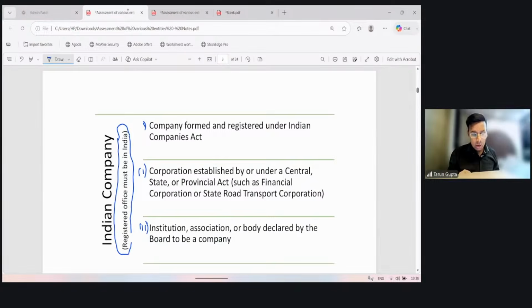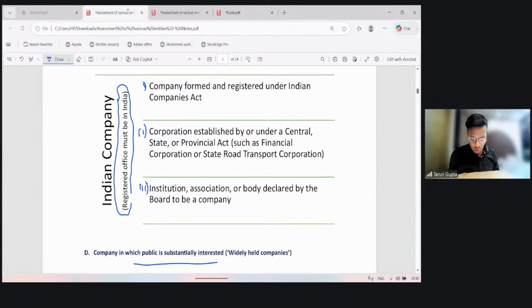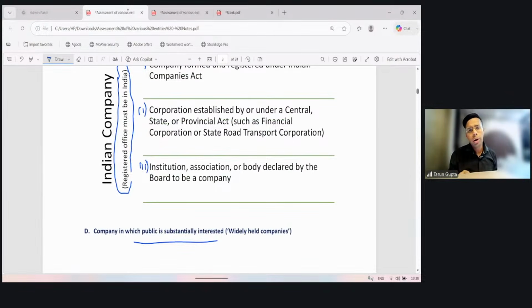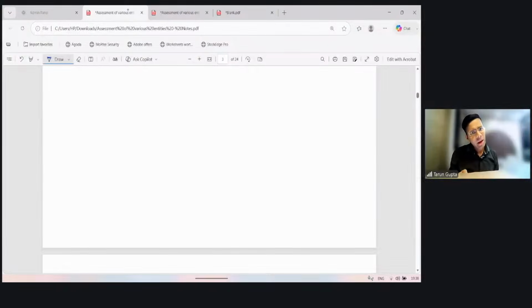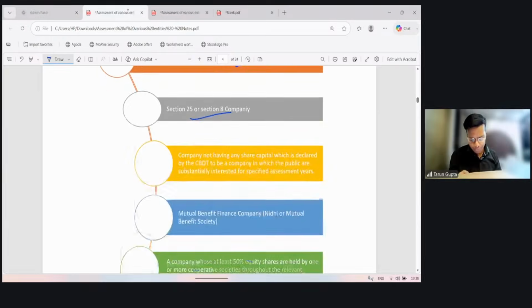Then we discussed what you mean by Indian company: a company registered under the Indian Companies Act or any corporation established in the Central, State or Provincial Act or any institution, association, body declared by the board as a company. Then we discussed the definition of a widely held company, company in which public are substantially interested. Okay.